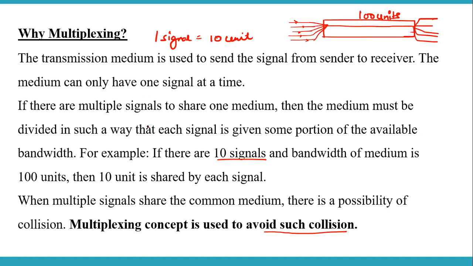So when you have multiple signals and they share one medium, the medium will be divided in such a way that each signal is given some portion of the available band. Okay, so why was the multiplexing concept introduced? It was introduced in order to avoid the collision of multiple data streams or multiple signals that are shared across the common medium. Clear, Edna?